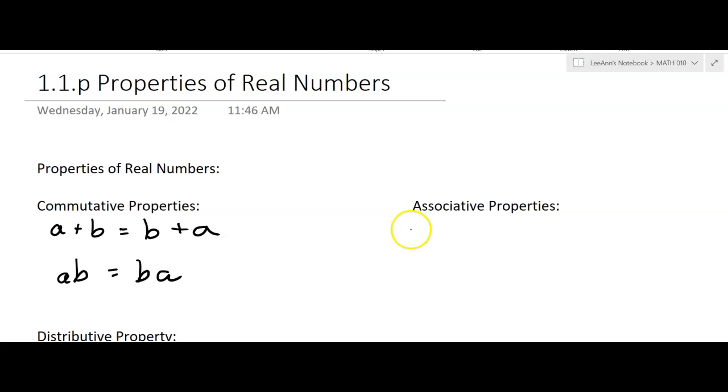Associative property for addition says if you have a plus b plus c, but you have parentheses around the b plus c, so you're adding b plus c and then adding it to a, that's the same thing as if you had a plus b added together and then you added the c. Now, these properties so far don't work for subtraction or division, but they do work for addition and multiplication.